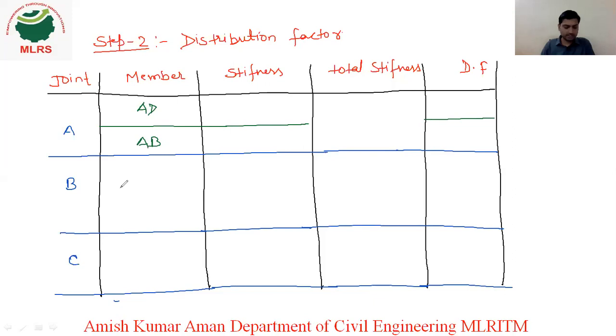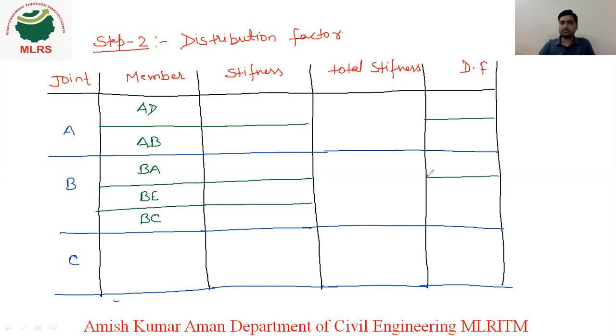For B there are three: BA, BE, BC, and for C there are CB and CF.